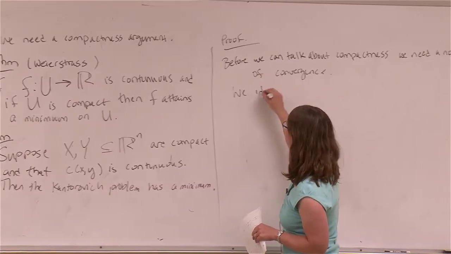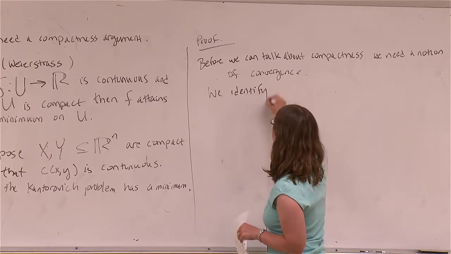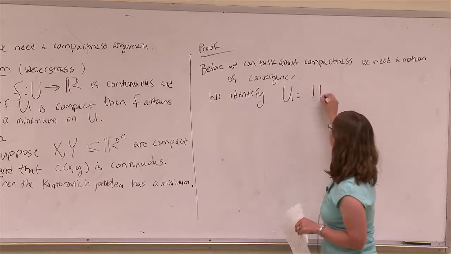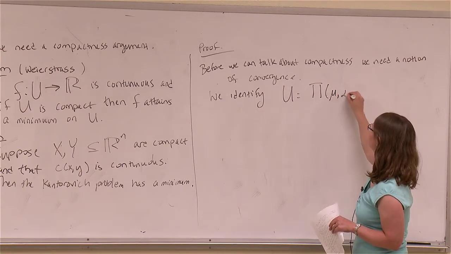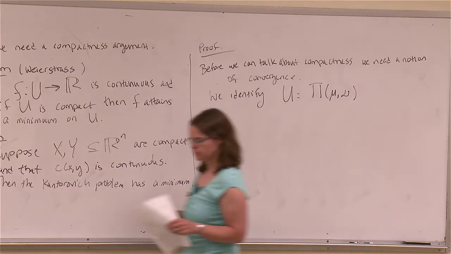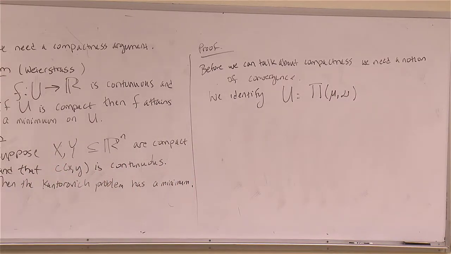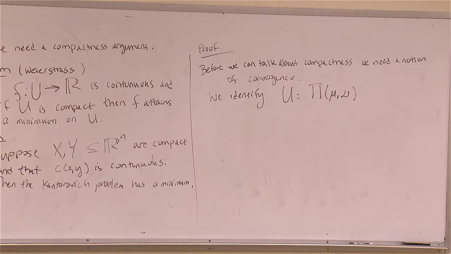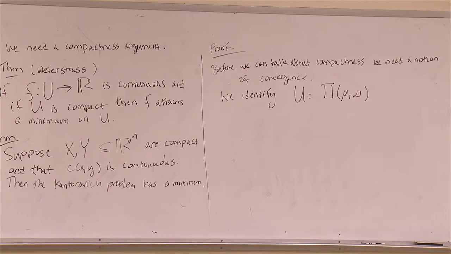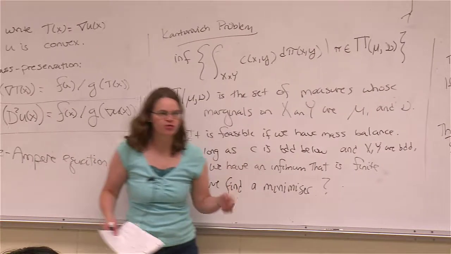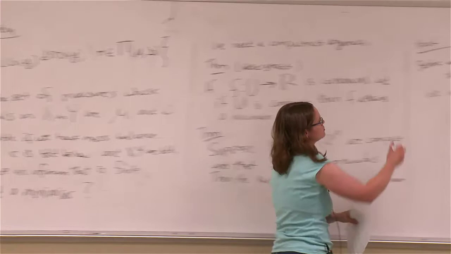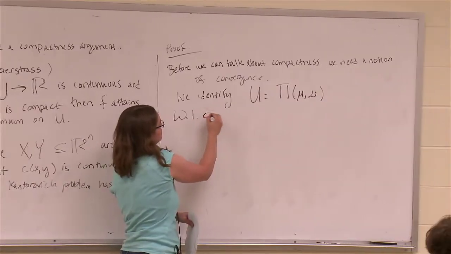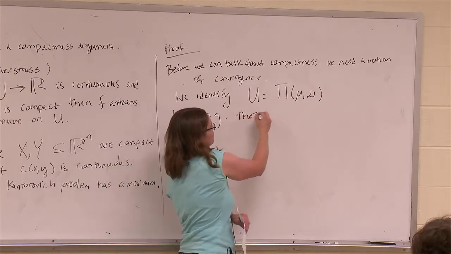So here we're identifying capital U with this set of measures. Without loss of generality, I'm going to assume they're probability measures. Total mass is 1. If it's not, you just rescale things. So without loss of generality, these are probability measures.